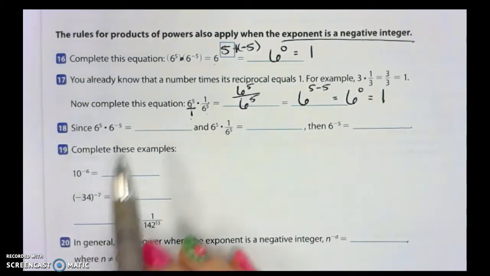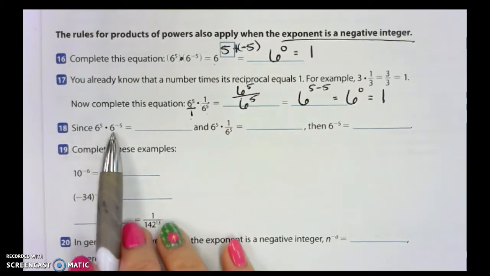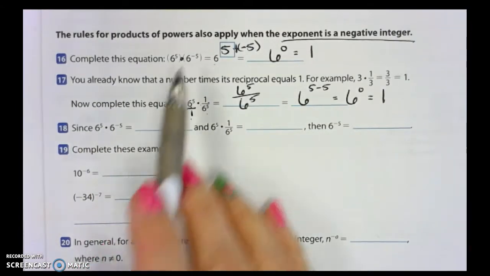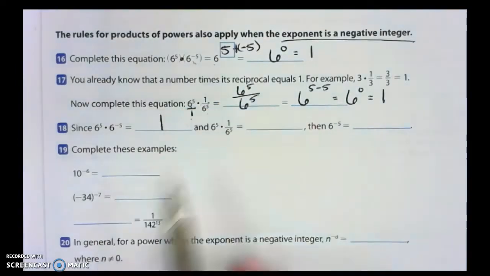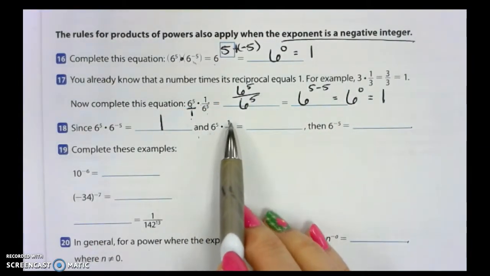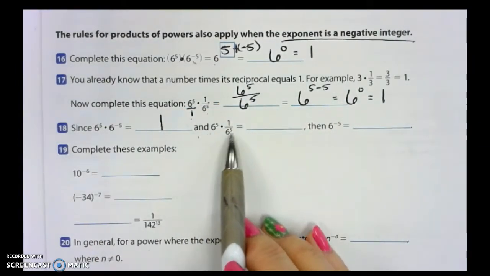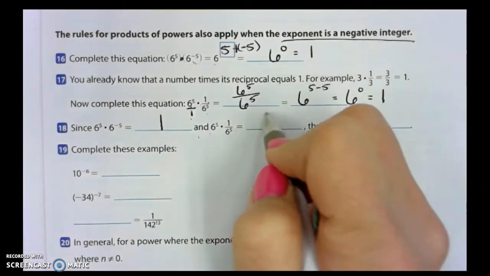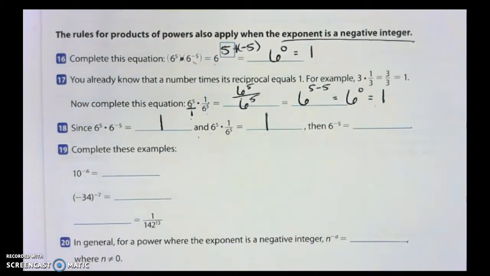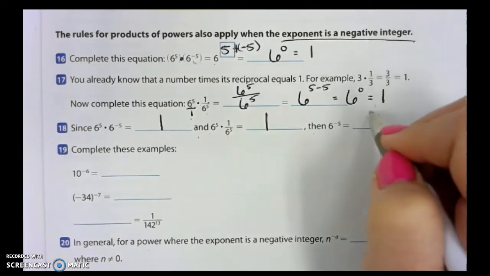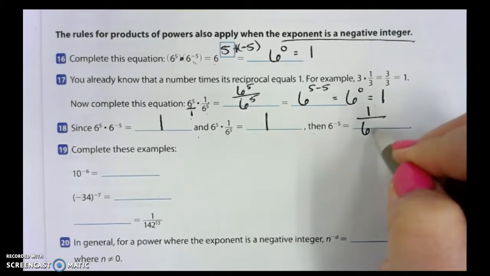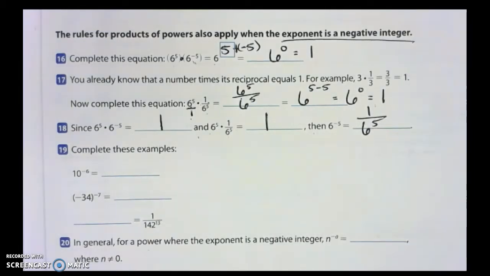Number 18. Since 6 to the 5th times 6 to the negative 5th equals 1, we did that one here, and 6 to the 5th times 1 over 6 to the 5th is equal to 1, we did that one in number 17, then 6 to the negative 5th must equal 1 over 6 to the positive 5.